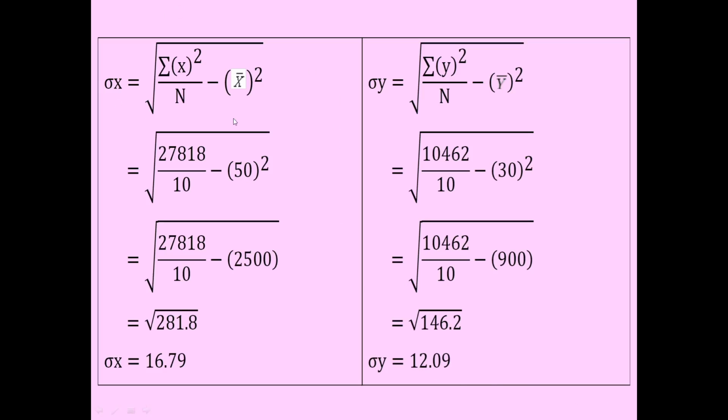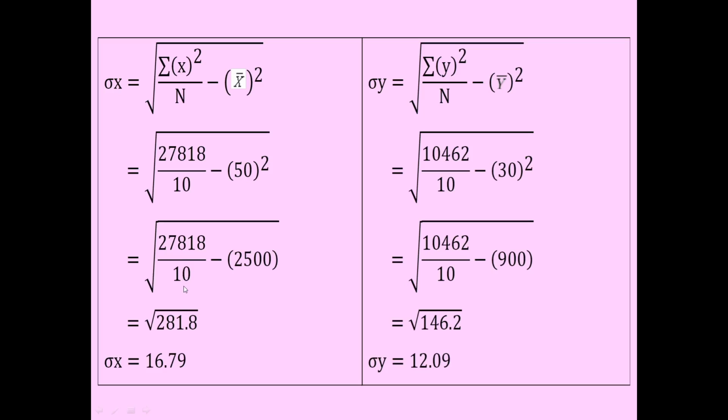Now this is the way for calculating standard deviation of x and standard deviation of y. As the formula stated in the beginning, standard deviation of x is equal to under root of summation of x square upon n minus x bar square. So summation of x square is 27,818, and the number of observations are 10, minus x bar is 50, the square of that comes 2,500.